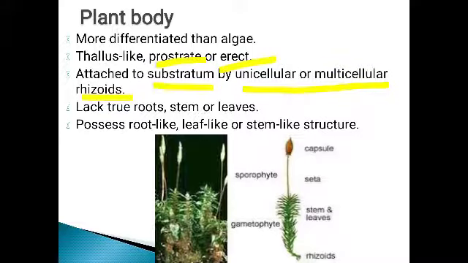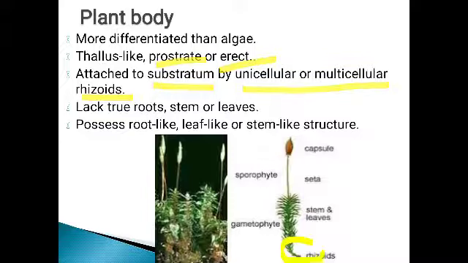What is meant by substratum? A substratum is an object or a surface on which the plant is attached. So the thallus attaches to the substratum by means of unicellular or multicellular rhizoids.